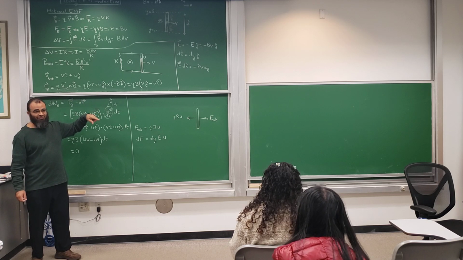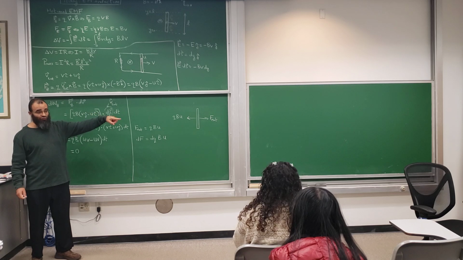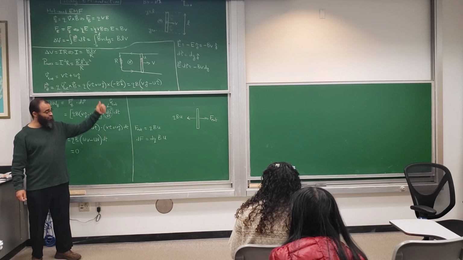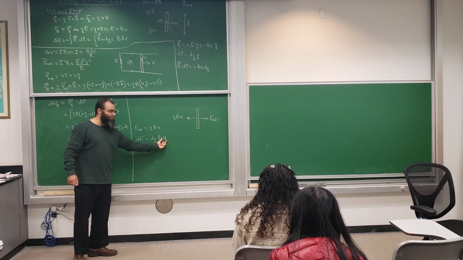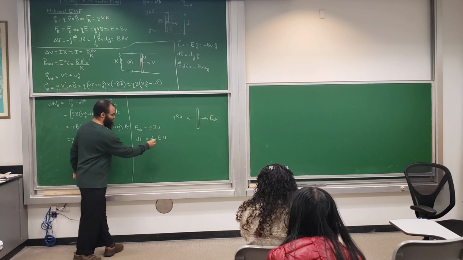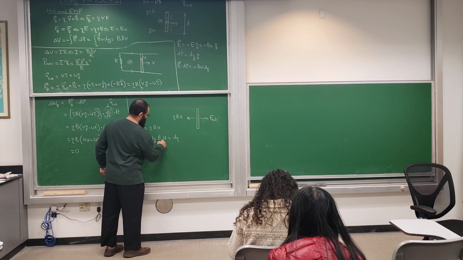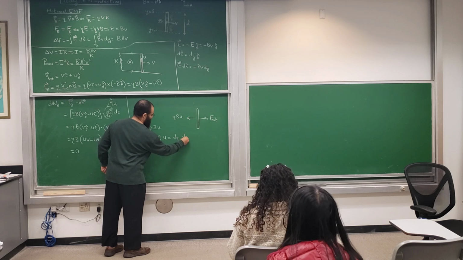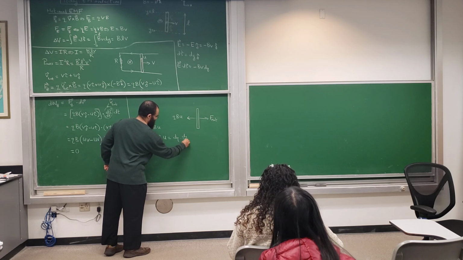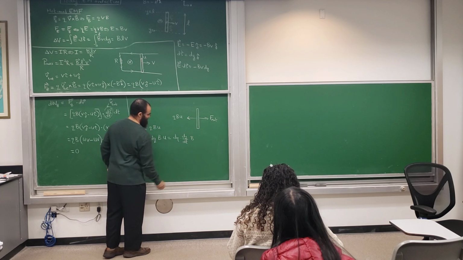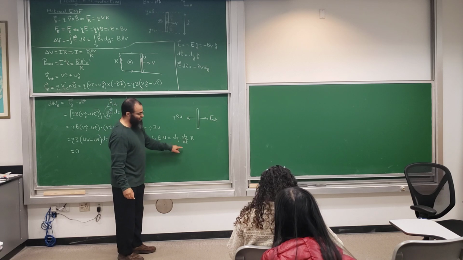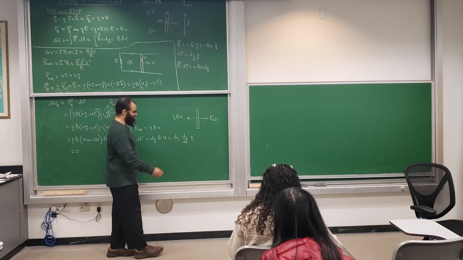The horizontal velocity v is dx dt. The y velocity is dy dt. So it's going to be dq, I'll put u here, it's dy dt, and then B. Let's look now. What's dq dt? I.